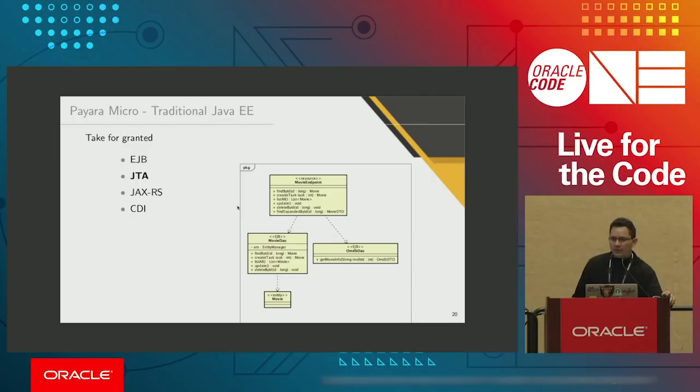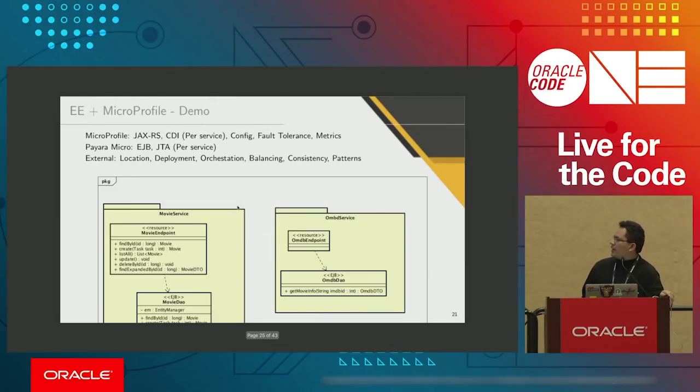In a traditional way, we develop applications like this. We have EJB, JPA, JAX-RS, CDIs. We have a data access object that queries the database, and all this is in a monolith. Now, in a MicroProfile, in a microservice world, we have multiple services.